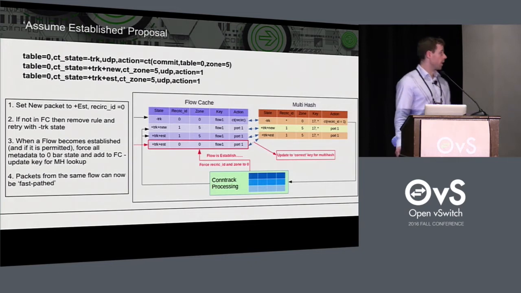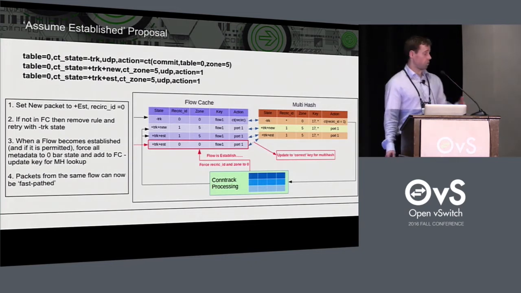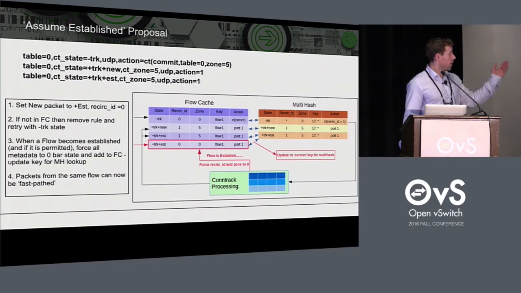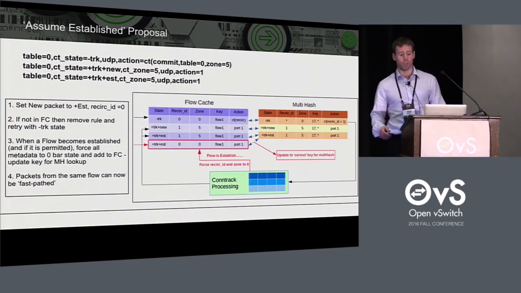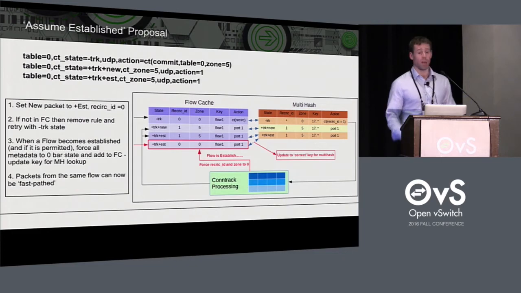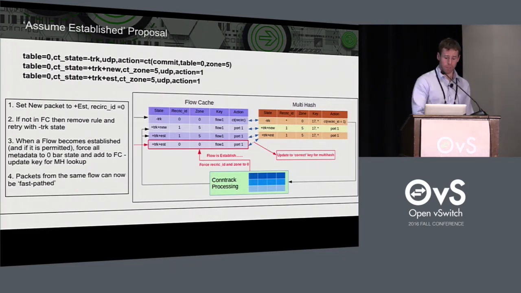If it isn't in the flow cache, then we just reset its data to minus track and we let it take the slow path around. If it is established and it's part of a well-formed flow that's already stored in the flow cache, well then we don't need to do all this inner processing, messing about with metadata, recirculation. We just take the action that we've already got from our OVS rules and we implement it.